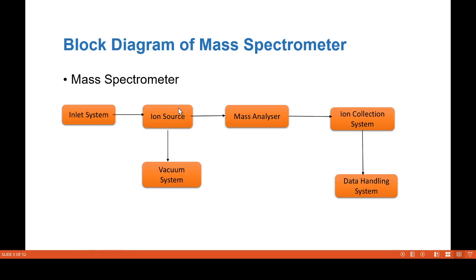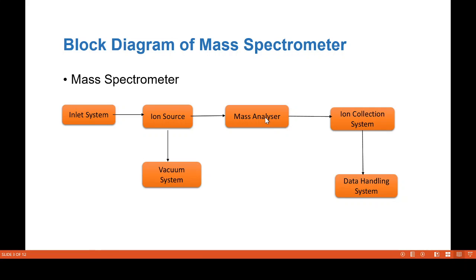In this ion source, we have seen electron ionization and chemical ionization. In that, the molecular ions are produced and those molecular ions are further fragmented into positive ions. These positive ions are transferred into the mass analyzer. This mass analyzer is the heart of mass spectrometer.